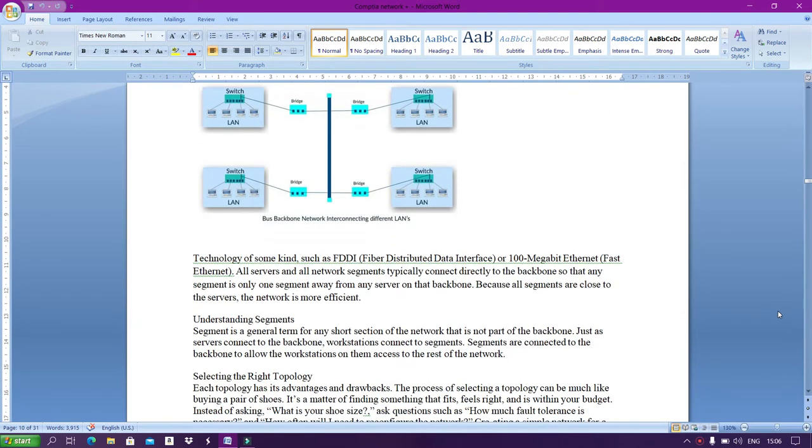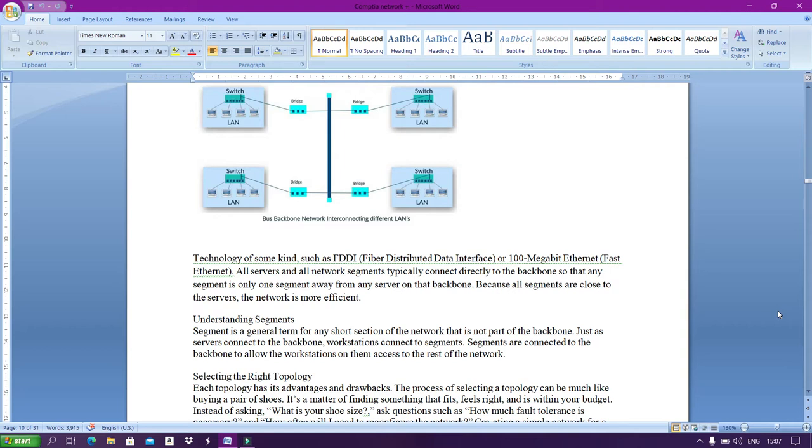Technology of some kind, such as fiber distributed data interface or 100 megabit Ethernet, fast Ethernet, all servers and all network segments typically connect directly to the backbone so that any segment is only one segment away from the server on that backbone. Because all segments are close to the servers, the network is more efficient.